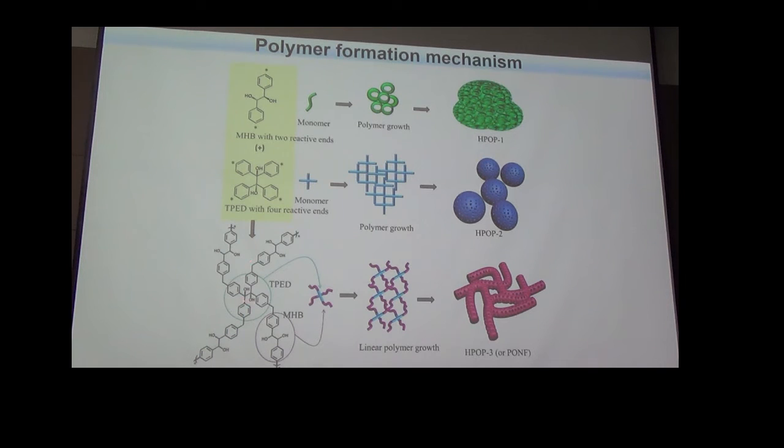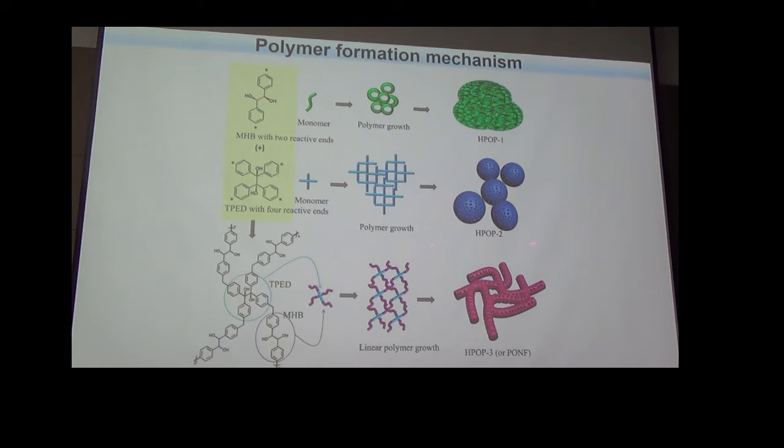And when we do the reaction using these two monomers, it gives the HPOP3 as a final material, and it has two steps. The first step is the linkage between these two monomers giving this unit, and the second step is the linear growth of this big unit, resulting in the HPOP3 or PONF as the final material.